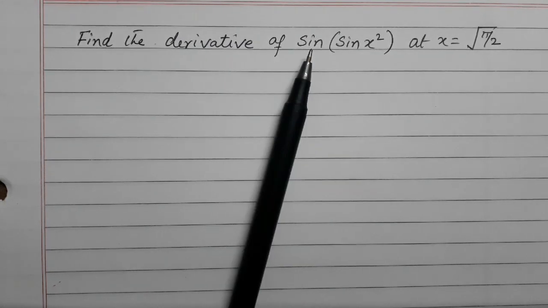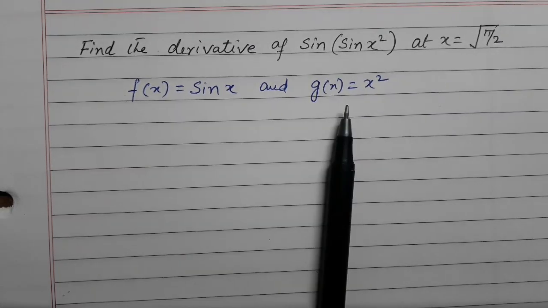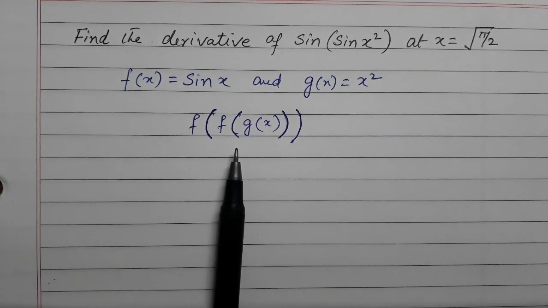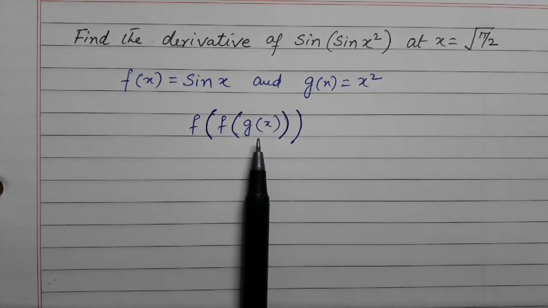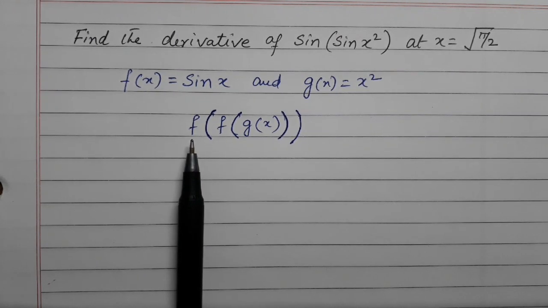And again another sine function is operating, making it sine of sine x square. Therefore, if we assume that f(x) equals sin x and g(x) equals x square, then the given function is of the form f(f(g(x))). Here g(x) is the square function making x square, then f is the sine function making sine of x square, and then another f making it sine of sine x square.